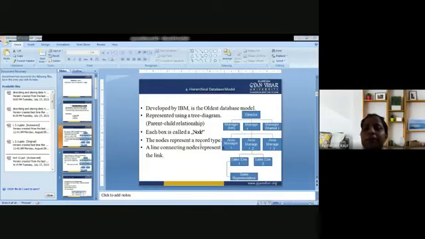So the nodes represent a record type. Nodes represent manager, a record type that is concerned with a manager of a particular department. Let's say we have one director in our college and there are 3 departments. First is the computer science department, second is the mechanical department, and third is the electrical department.